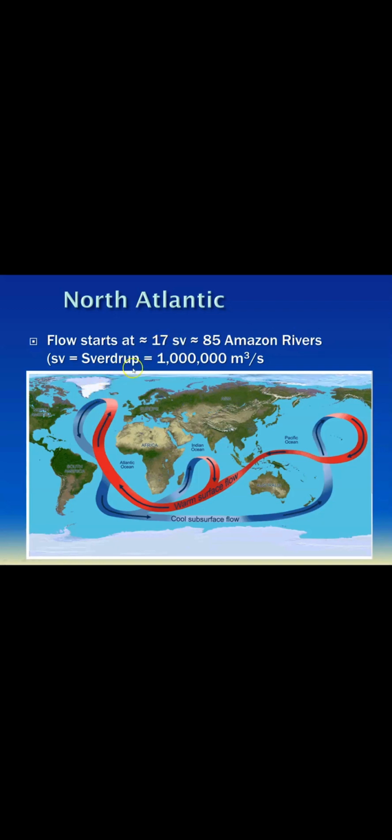These are in sverdrups, and one sverdrup is 1 million cubic meters per second. That's a lot of water, but it's got a big ocean to travel over, right? So this is kind of a slow-moving current with a very wide flow that allows it to carry that much water. A huge amount of water, 17 million cubic meters of water in this part of the North Atlantic.